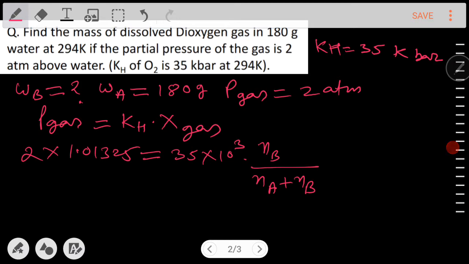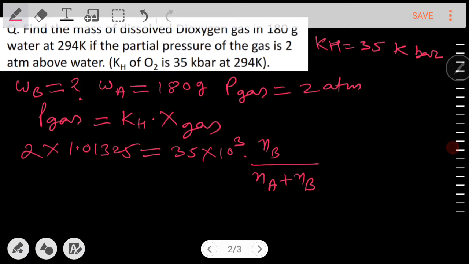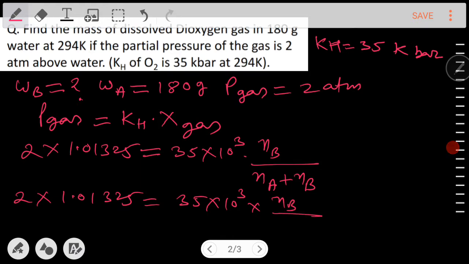Means NB can be neglected in the denominator for the dilute solution. So we can write this equation as 2 into 1.01325 equals 35 into 10 to the power 3 into NB upon NA. We have neglected NB in the denominator, as the solution is dilute, so the number of moles of solute in the solution can be neglected.